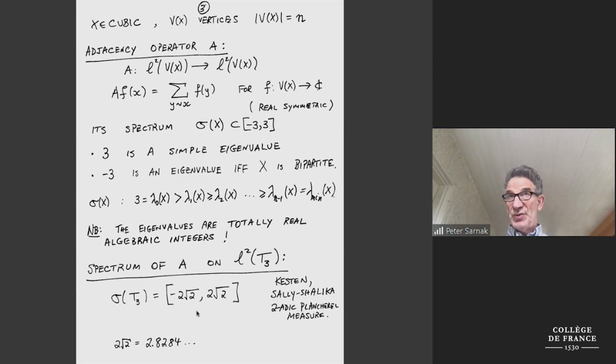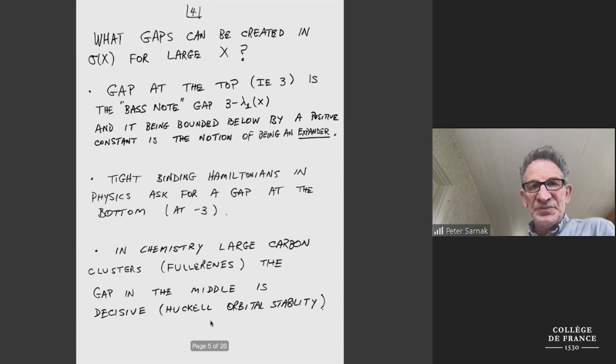So PGL2(Qp) divided by its maximal compact, very much like SL2(R) divided by its maximal compact is the upper half plane, is a (p+1)-regular tree. So if p is 2, it's a 3-regular tree. And the Plancherel measure is central to the representation theory of this non-compact group and was computed by Sally and Shalika first, I believe. Okay, so the number 2√2 is extremely important.